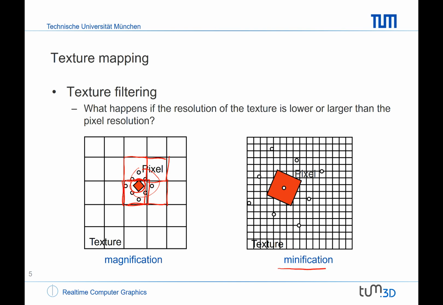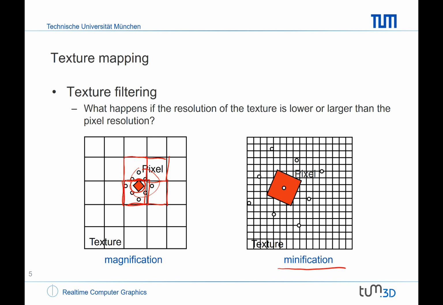If we go to the minification case, we see that things are becoming a little more complicated, because if we look through that pixel, then we see the contribution of many texels to that pixel.